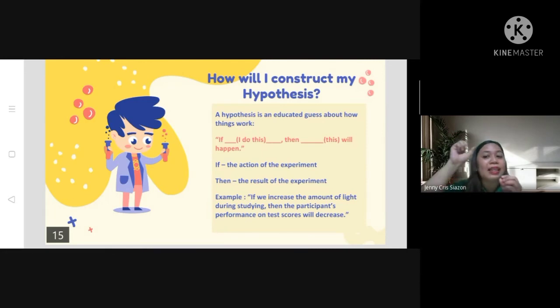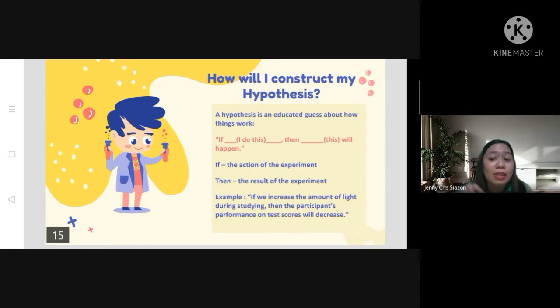No, that's the manipulated variable that the researcher is doing. So what will be the effect if the researcher will increase the amount of light? Sabi dito, the participants' performance on test scores will decrease. Bababa ang performance ng test scores ng participants.